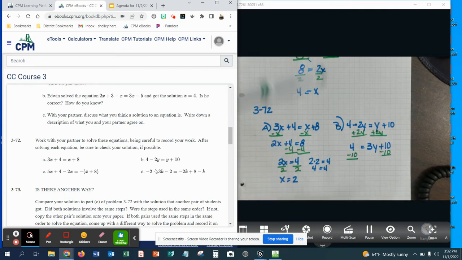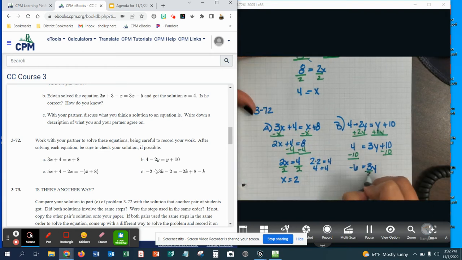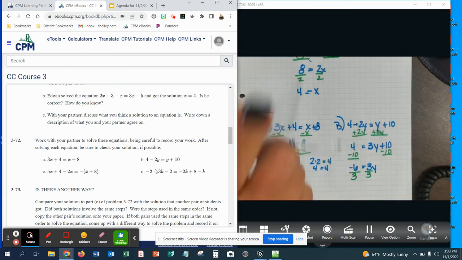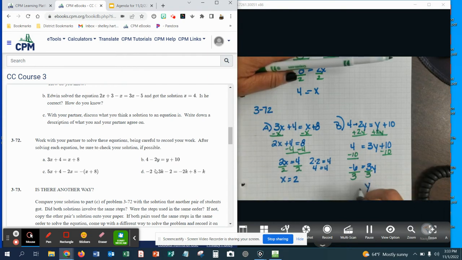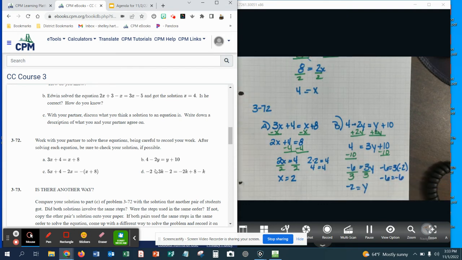Just making sure I'm getting this right. So now I have negative 6 equals 3y. Awesome. Divide by 3, divide by 3. y equals negative 2. Can I check it? Yes, I can. I've got negative 6 equals 3 times negative 2. Negative 6 equals negative 6. So this is a solution.